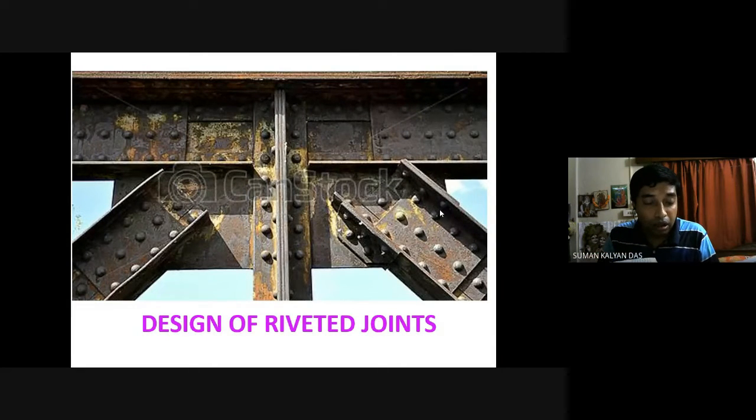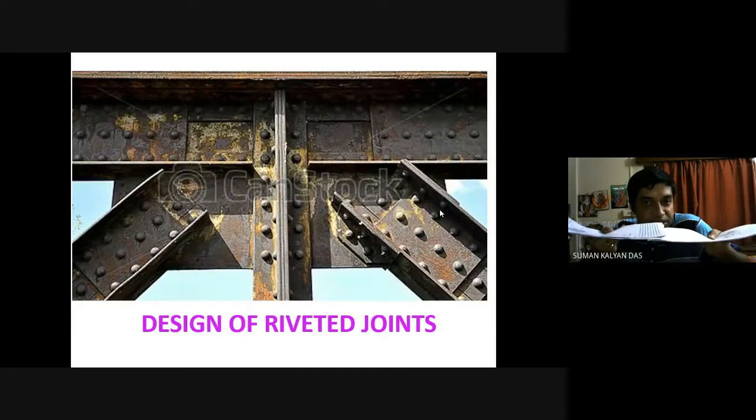Due to this joining, first of all, please understand, I have created a weak point in this system. When I am joining these 2 plates, I create a small system, right? In this system, the weakest point, I guess you will agree, is the portion where this is joined.